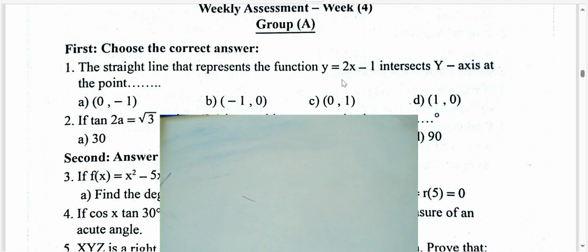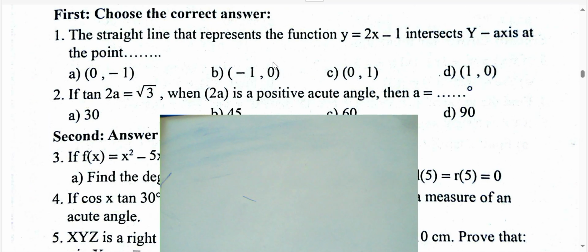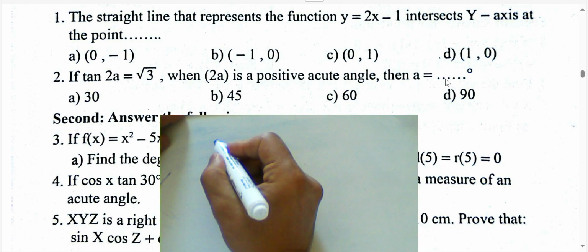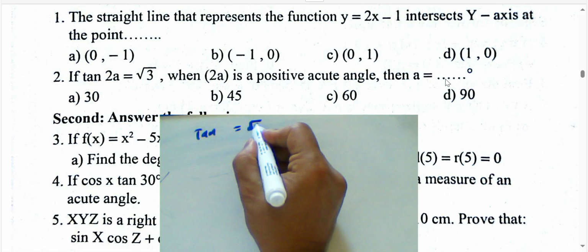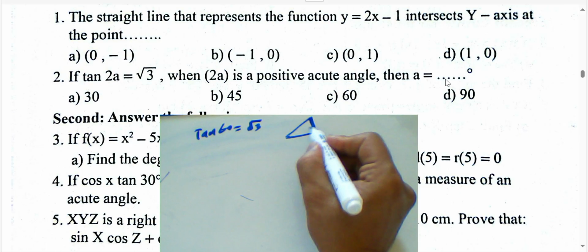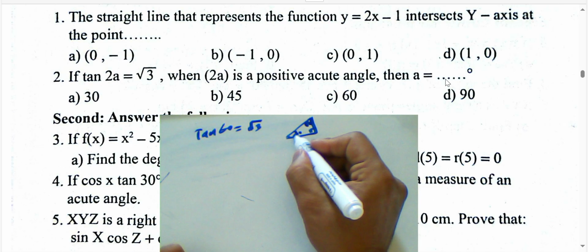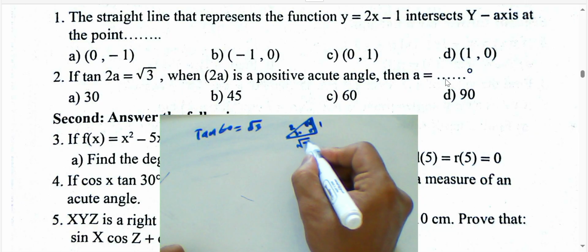Next question, number 2. If tan 2a equals root 3, where 2a is a positive angle, the value of a equals blank degrees. We know tan 60 equals root 3. If we have a right angle triangle with angles 30 and 60, the side opposite 30 is 1, the hypotenuse is 2 and the adjacent side is root 3.